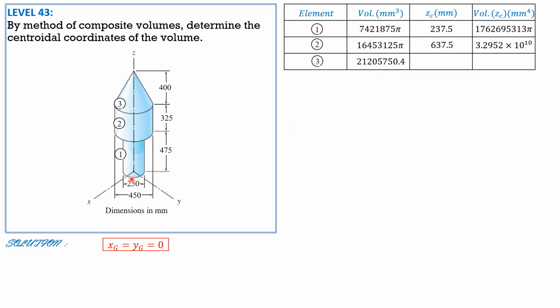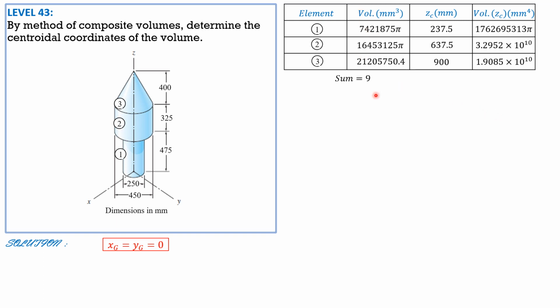G sub C is 475 plus 325, that's 800, plus 1/4 of the height. Remember, the centroid of a solid cone is 1/4 of the height from the base. So 800 plus 1/4 of 400, which is 100, so 900. Then the product, put it here, 1.9085 times 10 to the 10.